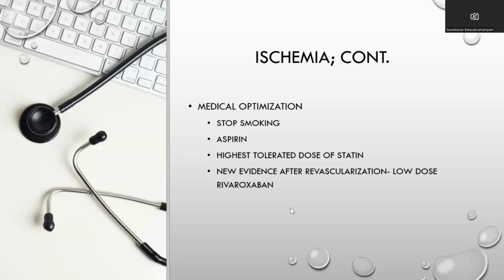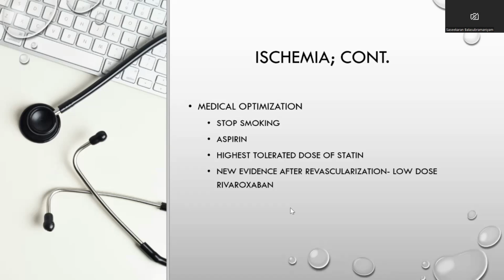Then aspirin and statin. These are the drugs they should be on for the rest of their life. Sometimes these patients and some GPs stop the statin when the cholesterol is within normal or low.